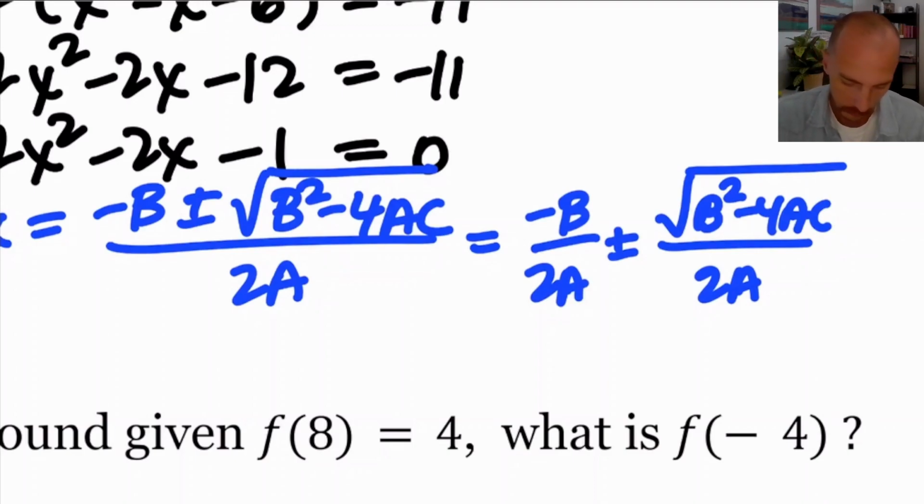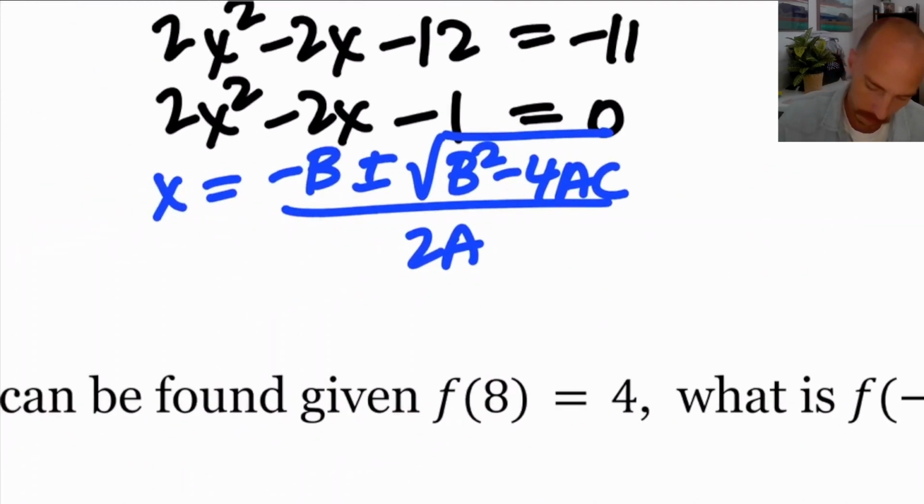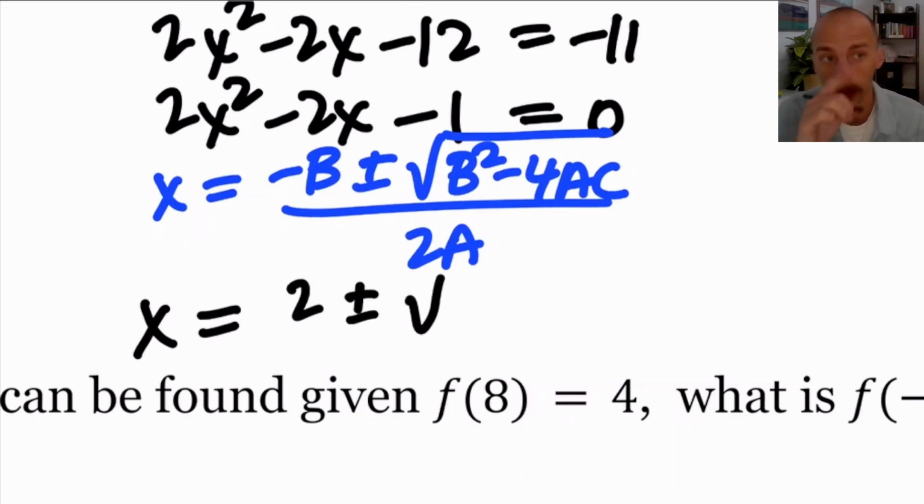Okay, I'm going to need to get rid of a lot of this in order to actually do my work in here, so get rid of that one, because the one on the left is the one I'm going to use. They're the same, so it doesn't really matter. So x equals negative b would be negative of negative 2 right there in the middle. Plus or minus the square root of b squared would be negative 2 squared.